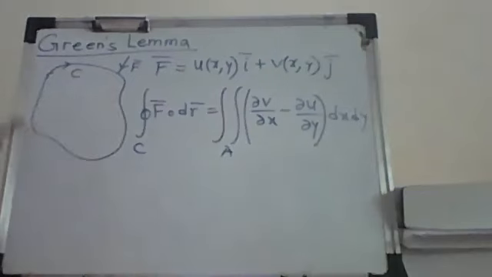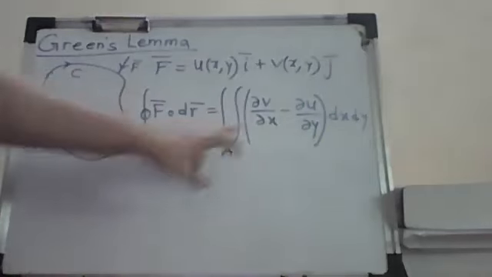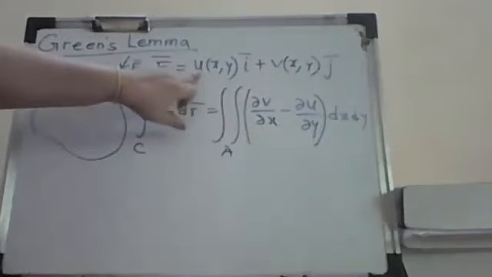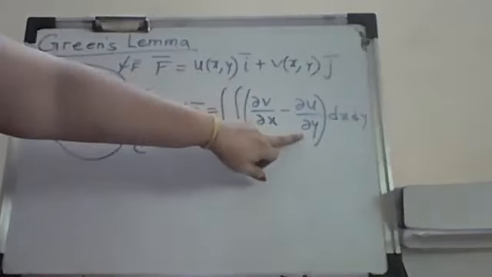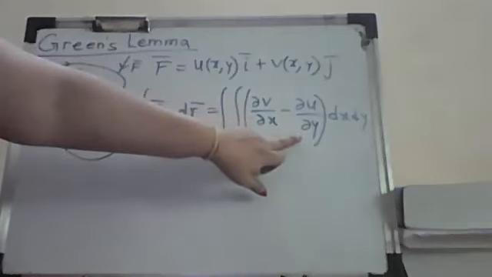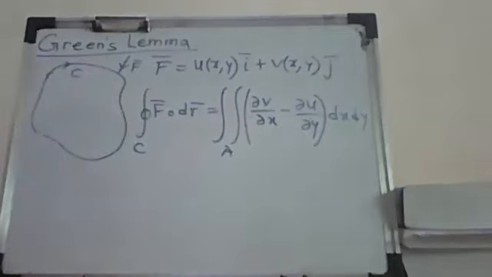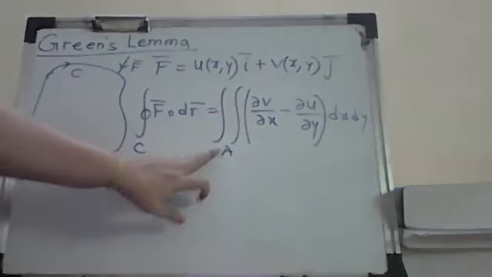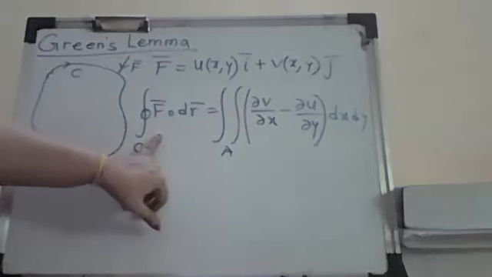Instead of calculating the line integral for this closed curve C, you just imagine it as a disk, a disk plate, and then you apply this function. What is the function here? I have to differentiate v partially with respect to x, differentiate u partially with respect to y, and subtract these two, times dx dy, and then evaluate this surface integral for the given surface, and this is equal to the line integration.